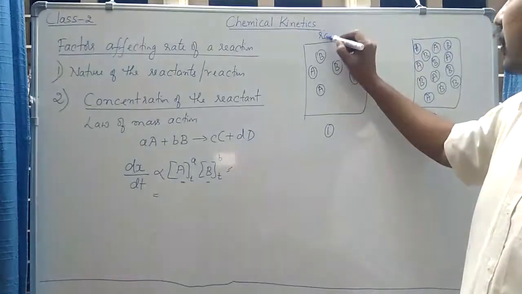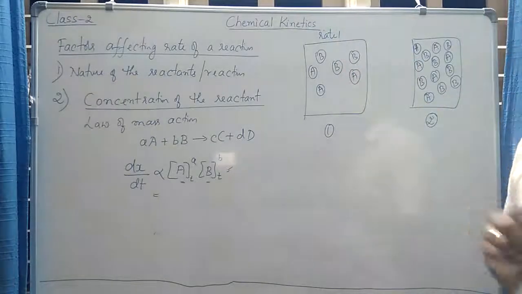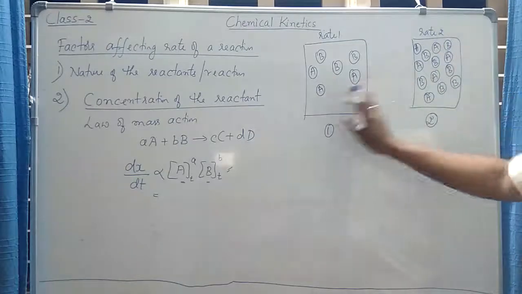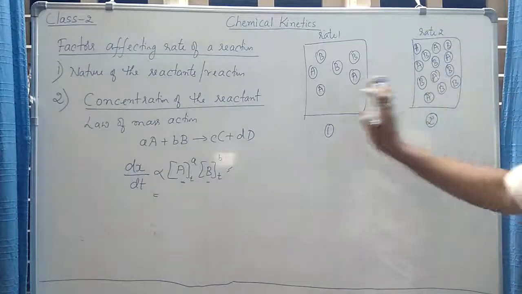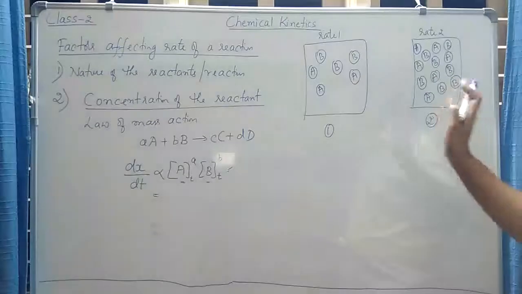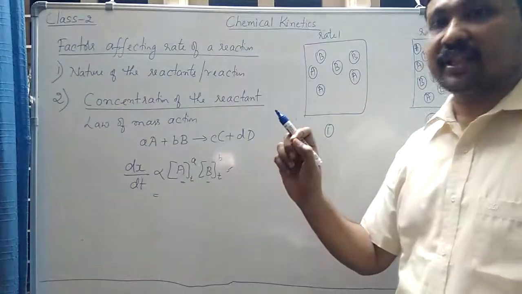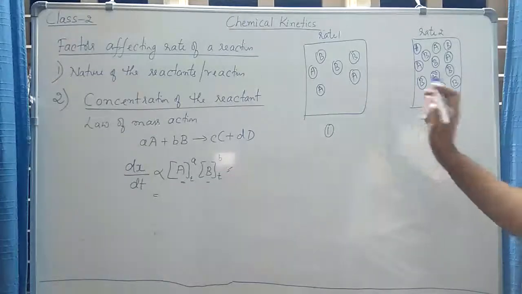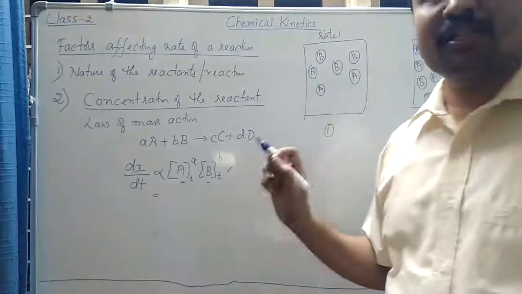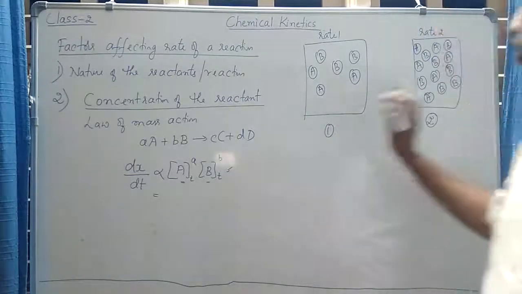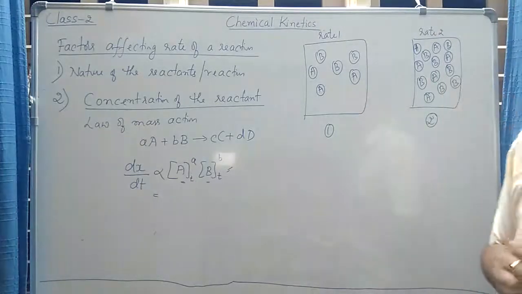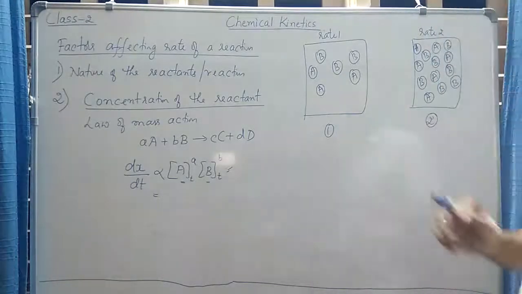So if the rate of this reaction is rate 1 and the rate of this reaction is rate 2, remember, the nature of the reactants are the same. The only difference is the concentration of the reactants. So though the nature of the reactants and the nature of the chemical reaction are the same, these two reactions will not proceed with the same rate because there is a difference in the concentration of the reactants.